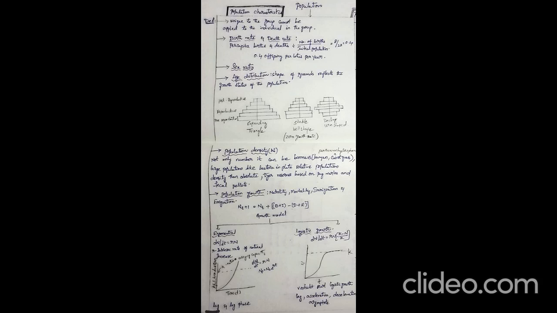For a large population like bacteria in a plate, relative population density can be taken. For example, in a Petri plate, you cannot sit and count thousands of bacteria. At that time you can make it a relative density. I will give you clarity.